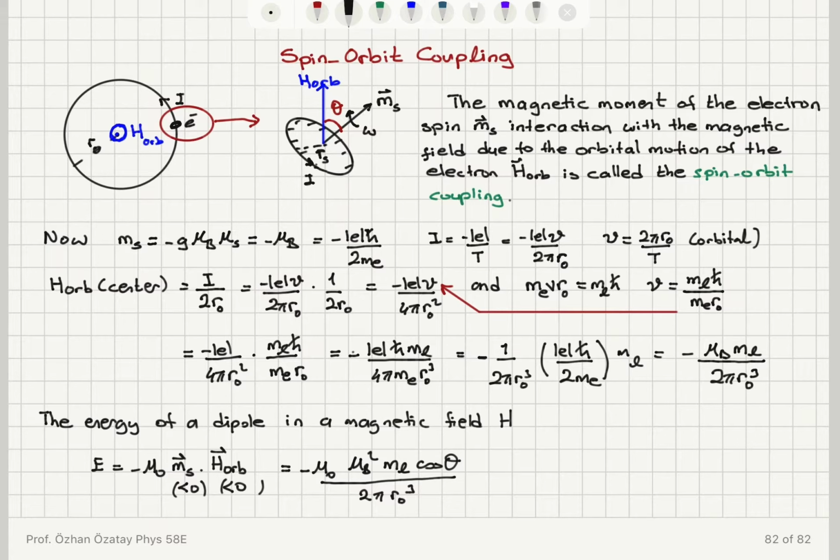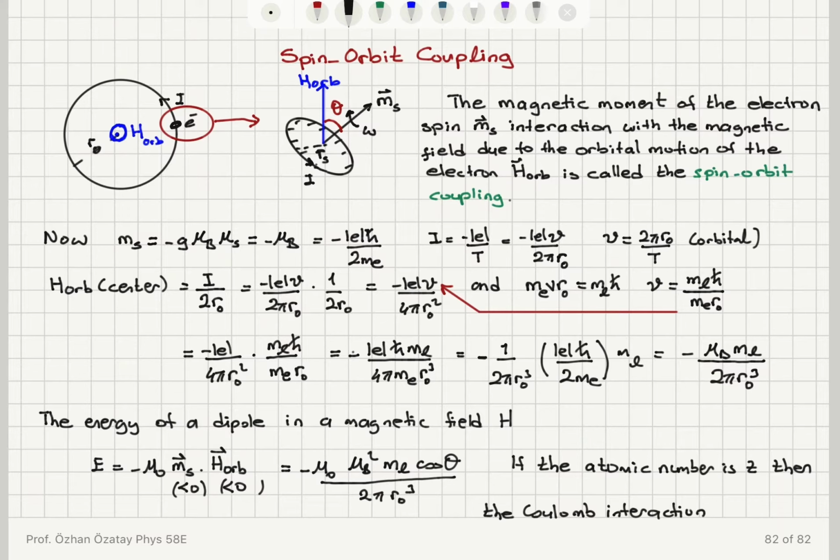Now if the atomic number is Z, then we have the Coulomb attraction, and the Coulomb interaction would give us the following result.